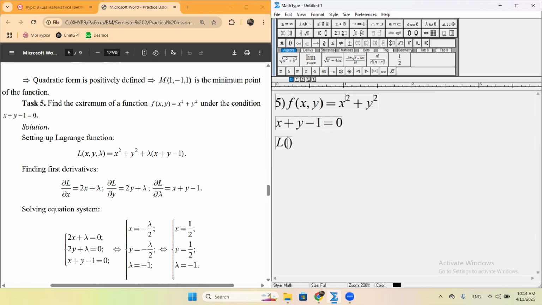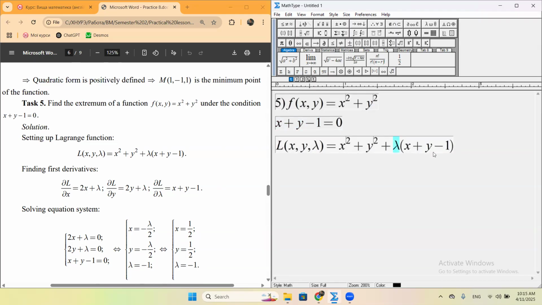multipliers, we have to set up the Lagrange function. So it will be the following. So the Lagrange function equals the sum of our function plus lambda multiplied by this condition.